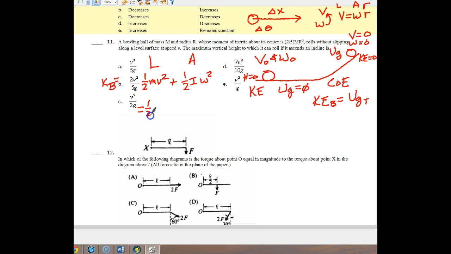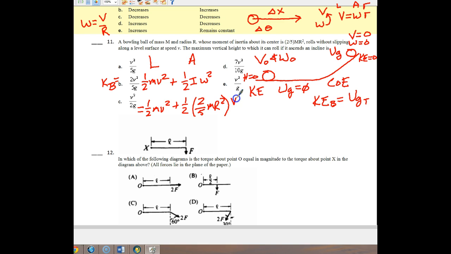We have 1/2 mv squared plus 1/2, and then we need to put in the moment of inertia, so that'd be 2/5 mr squared. And then we need to remember we've got to convert this omega to velocity. So here's our equation to do it. If we go through and think about it, we really have omega is then equal to v over R. We've got to use a capital R here.